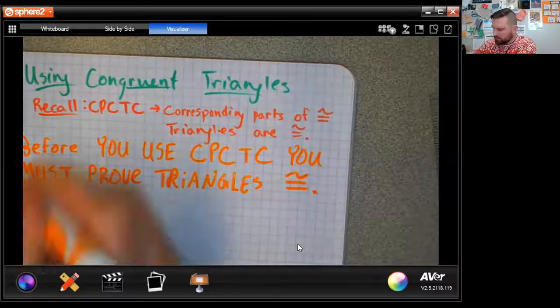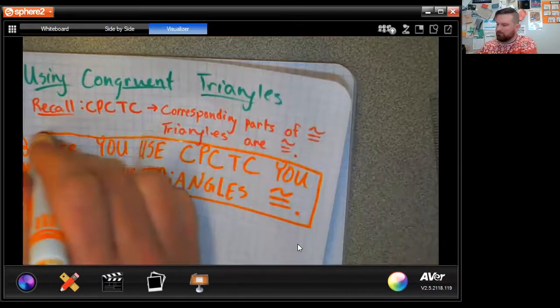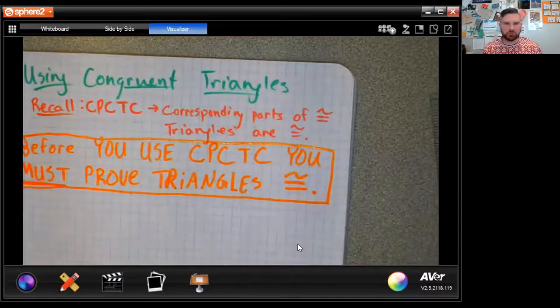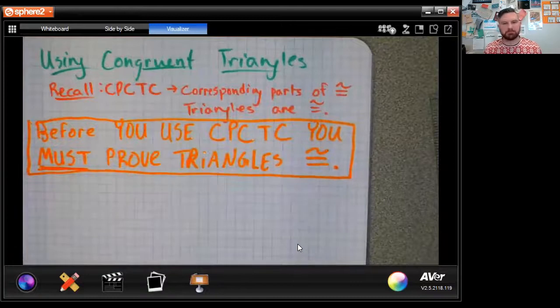If you have not made a statement that 2 triangles are congruent, you cannot use CPCTC. So you have to prove triangles congruent first. And I've got 2 proofs of this.